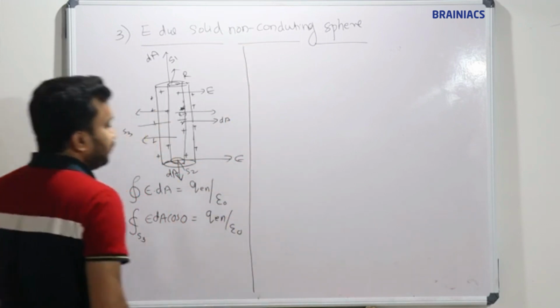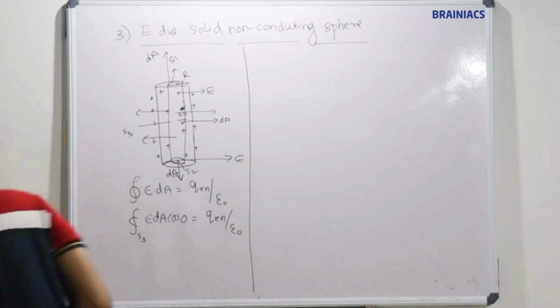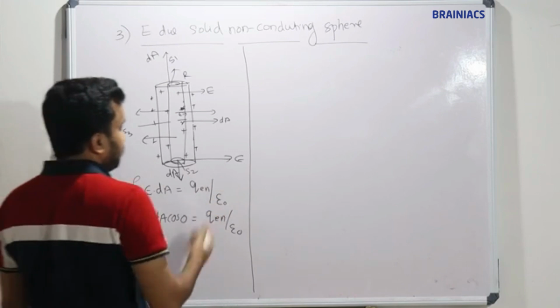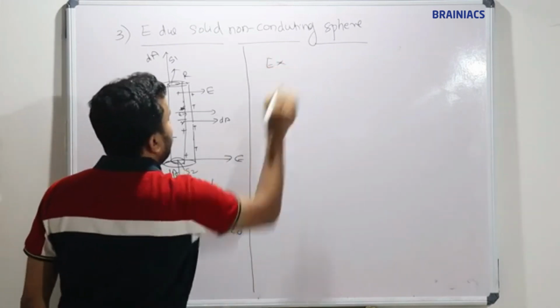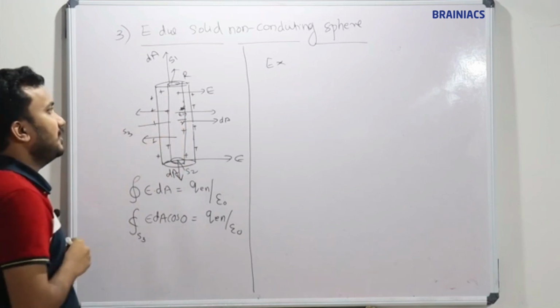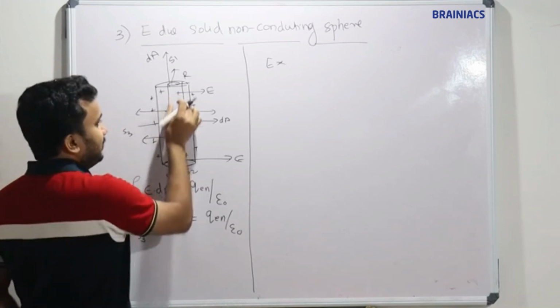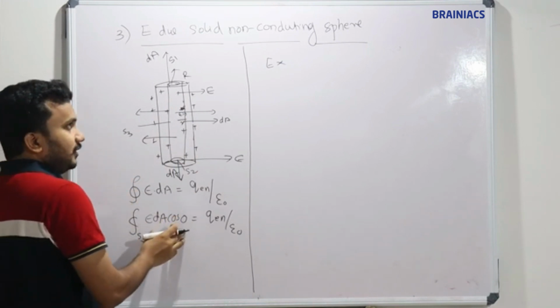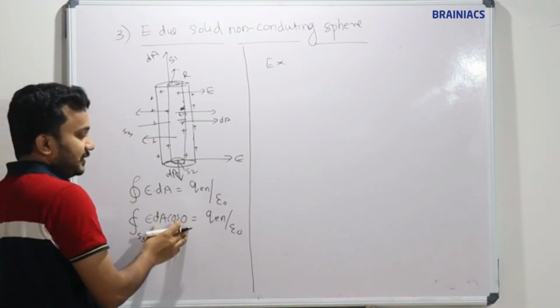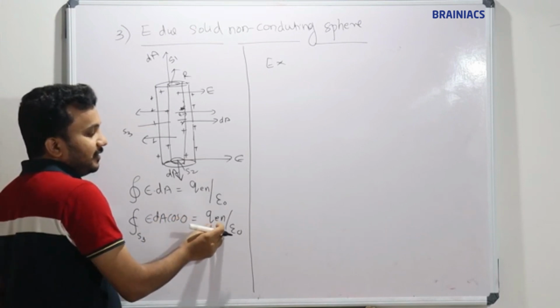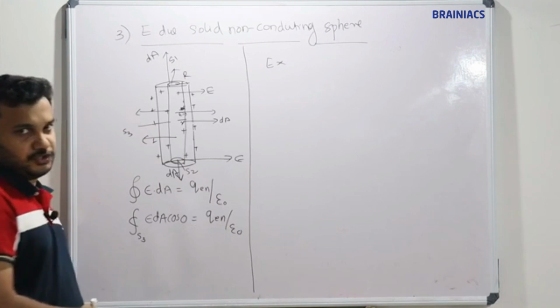What we are going to do extra is this: E cos 0 is 1, so we have the integral of dA for this cylinder. What is the area of this cylinder? We need to find that area, and here we have another factor called Q enclosed.